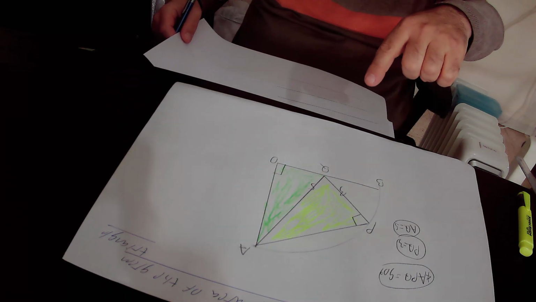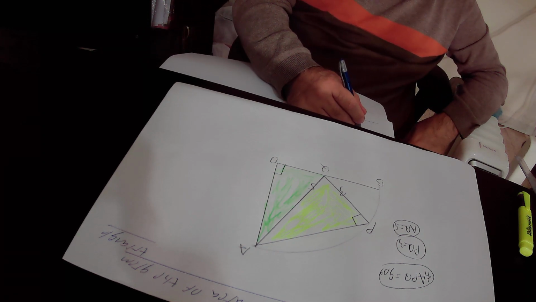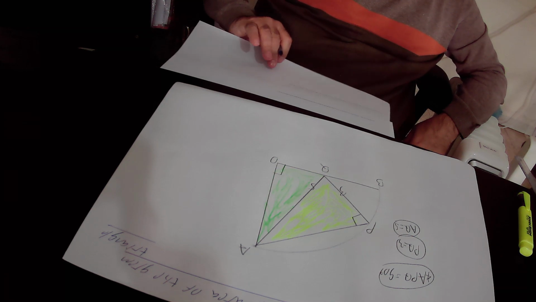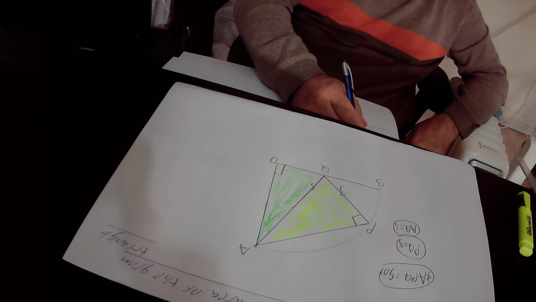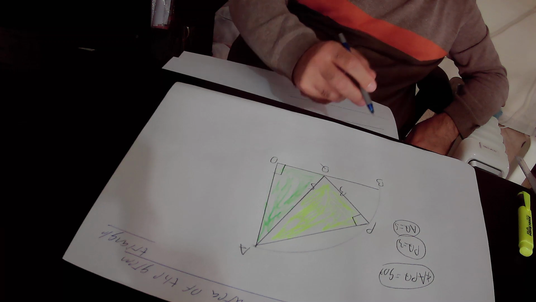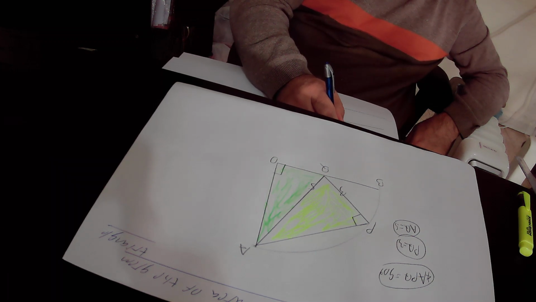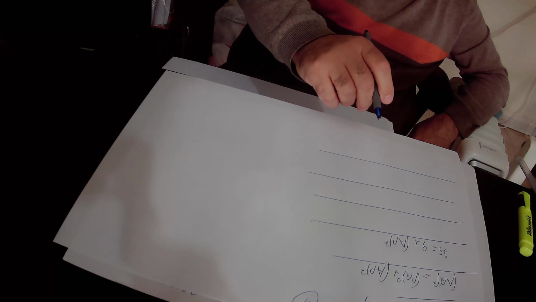So AQ is 5, therefore AQ square is 5 squared, that is 25. And it is equal to PQ square. PQ is 3, therefore PQ square is 3 squared, that is 9. Plus AP square. AP is unknown, so we leave it as it is. In conclusion, according to the Pythagoras theorem, 25 equals 9 plus AP square.